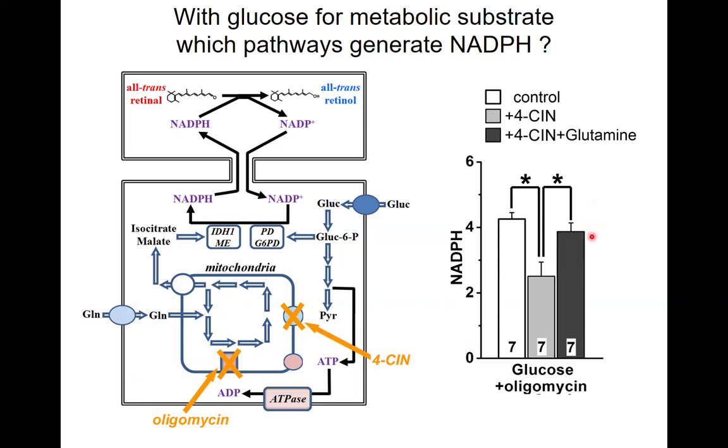Glutamine can provide substrates through the mitochondria, not for ATP, but it can make isocitrate and malate to use for NADPH synthesis. My interpretation is that because this is in 5 millimolar glucose, the cell is using both the pentose phosphate and mitochondrial pathways to generate NADPH.